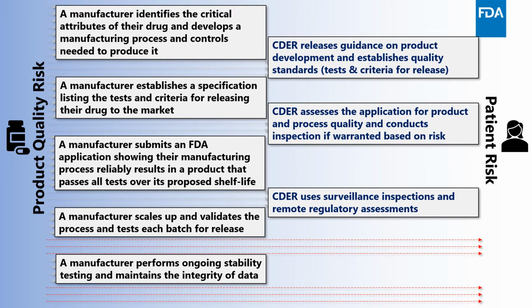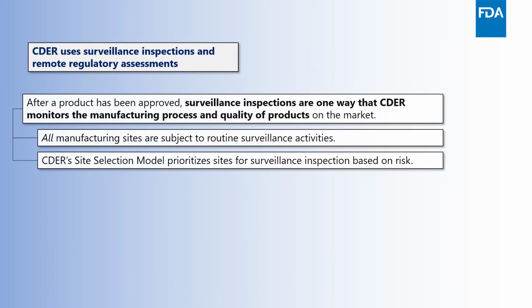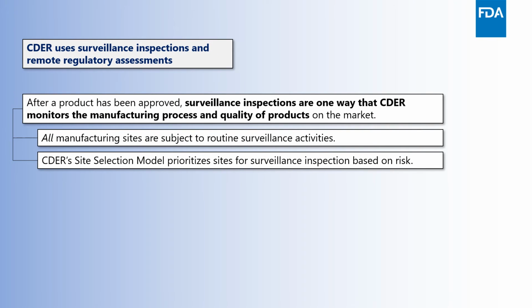After a product is approved, CEDAR uses surveillance inspections and remote regulatory assessments. After a product has been approved, surveillance inspections are one way that CEDAR monitors the manufacturing process and quality of products on the market.